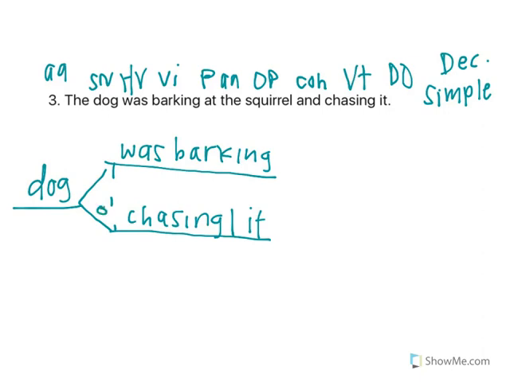And our conjunction goes here. Barking at the squirrel. Running out of room here. The dog was barking at the squirrel and chasing it. And this is a simple sentence.